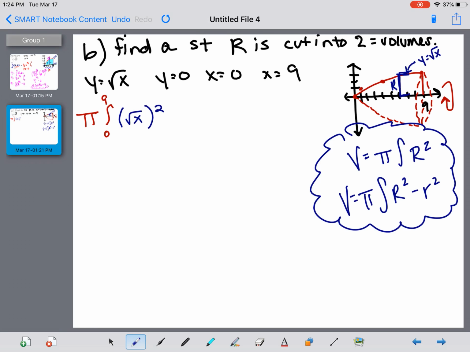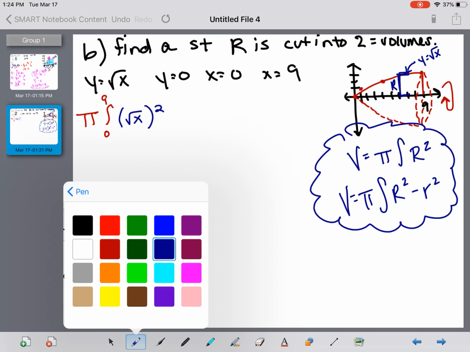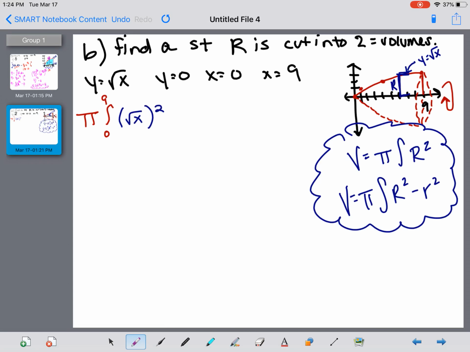So we're going to do this volume here, and we have pi from 0 to 9. The square root of x squared is just x, so that's going to be pi times 1/2 x squared from 0 to 9. If we plug in 9 there, we get 81 halves.